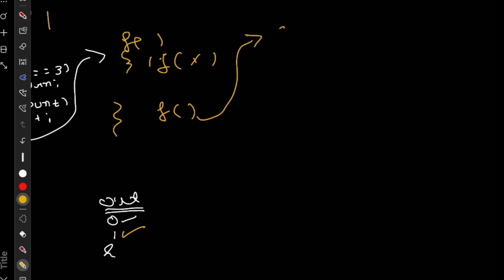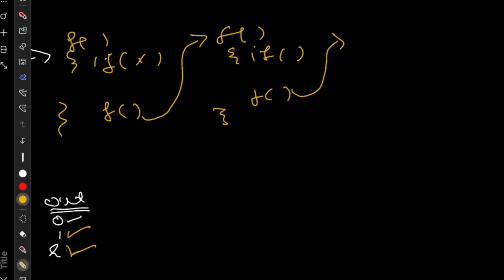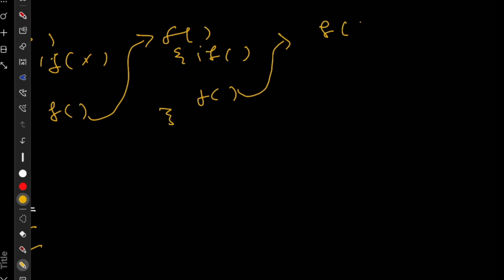Third time, same thing, function called, if condition is false, count value is 2. Now when this function is called next time, the if condition becomes true, because the value of count is equal to 3, it means return.